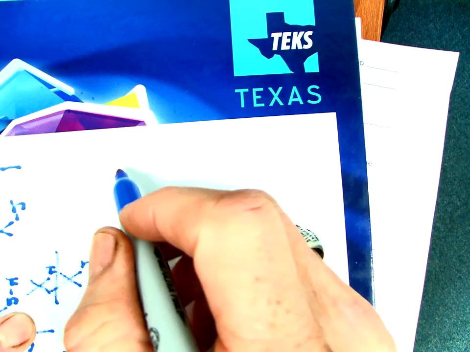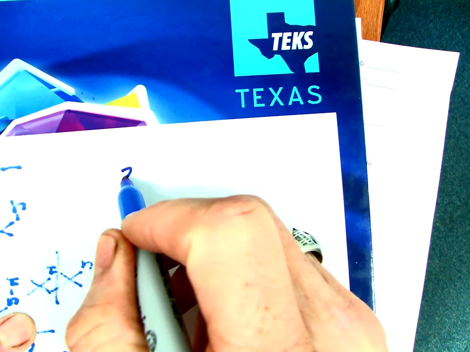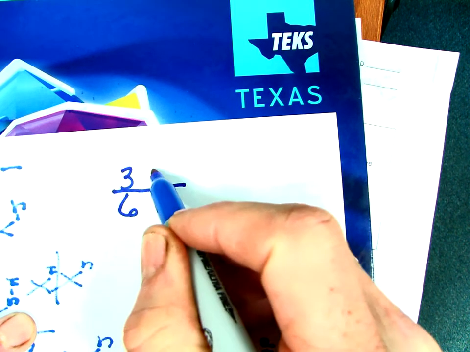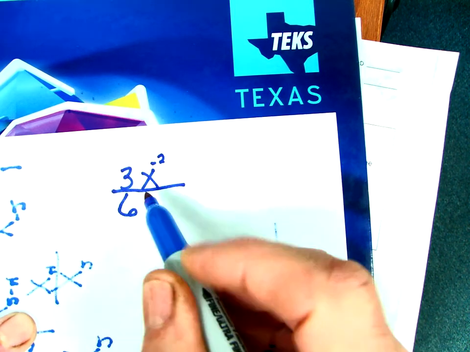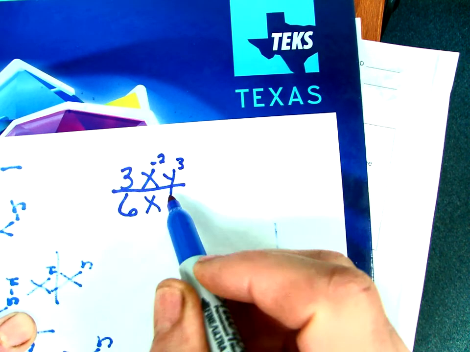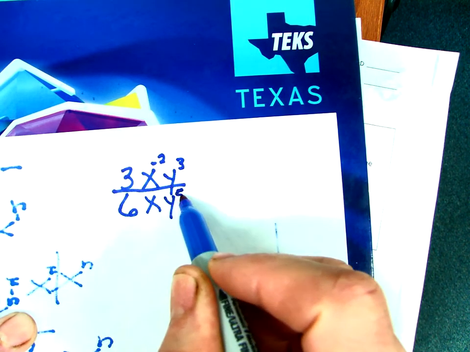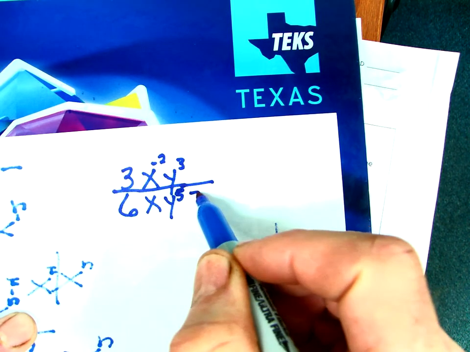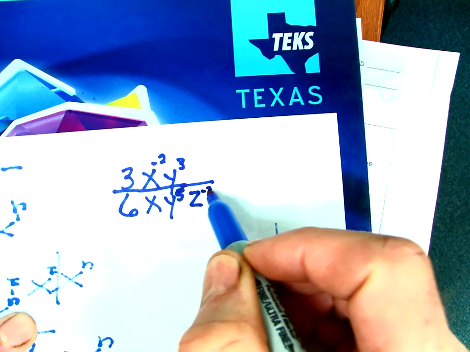Okay, so 3 over 6, x to the negative 2, x, y to the third, y to the fifth, z to the negative 3.